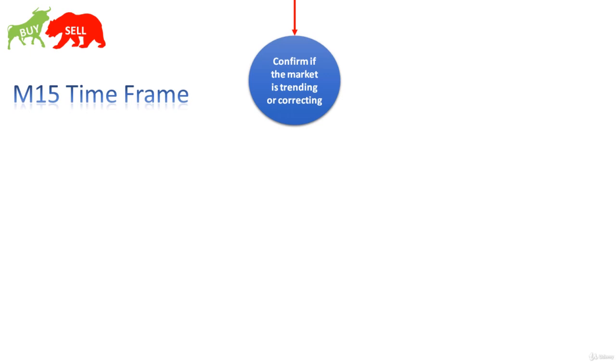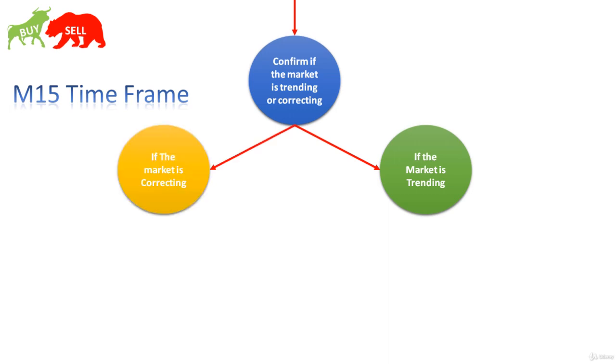We have to confirm that in the M15 time frame, 15 minutes time frame. You have to confirm if the market at time frame M15 is synchronized to H1, to the trend, or is correcting.